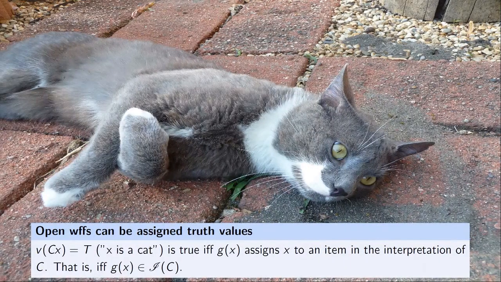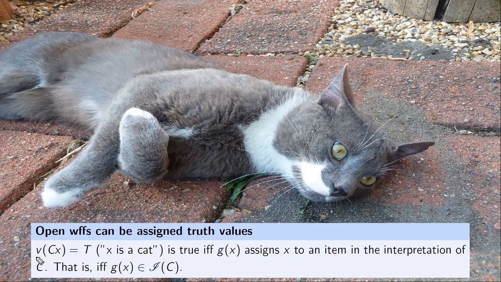Let's look at a more specific example. Let's say we have this formula Cx, or x is a cat. The new valuation function is supposed to allow us to determine the truth value of this. And we have a way of determining the truth value of this formula relative to the model and the variable assignment.